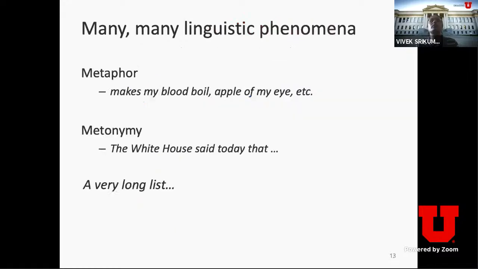But these are just some linguistic phenomena. There are so many linguistic phenomena. Think about metaphors. When I say something makes my blood boil, I'm not talking about literally my blood heating up and starting to bubble. I'm just saying that I'm angry. Or when I say the White House said, I'm not talking about a talking building. And we implicitly understand these things. These kinds of linguistic phenomena are used by poets, but not just poets.